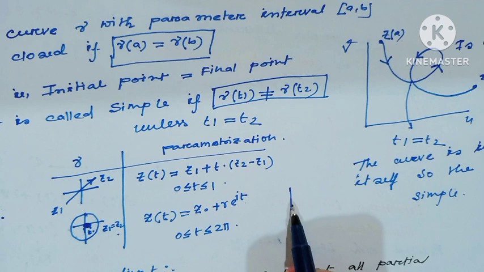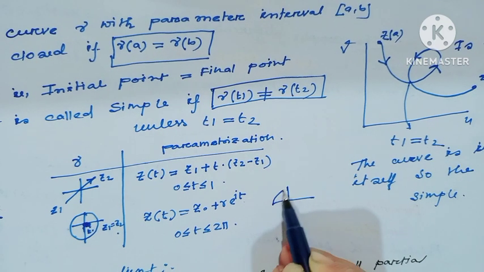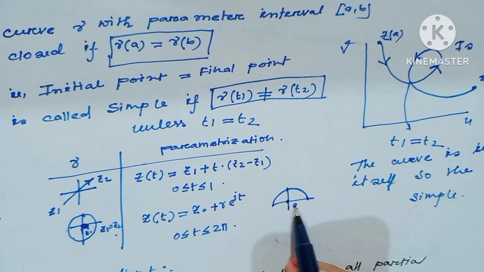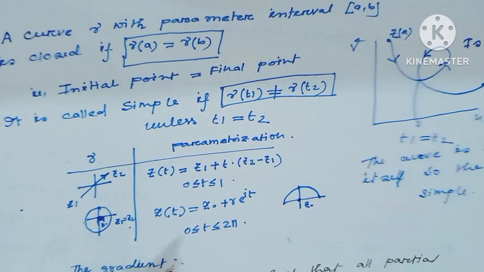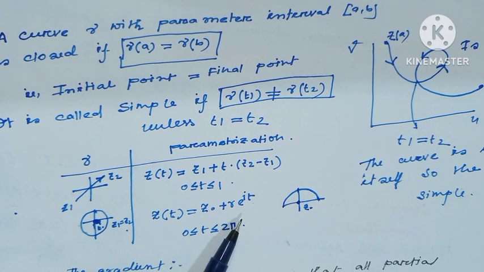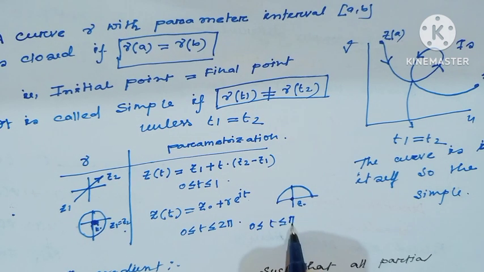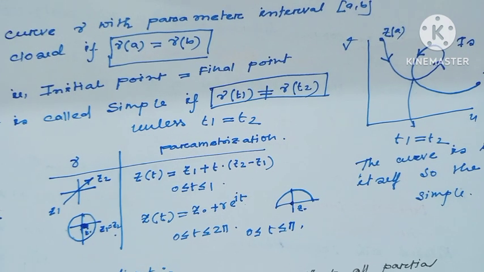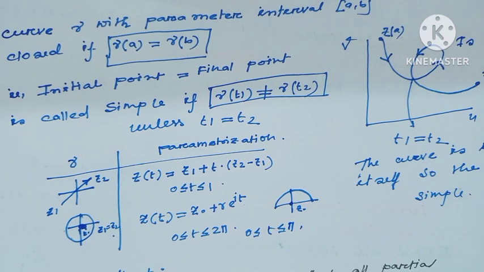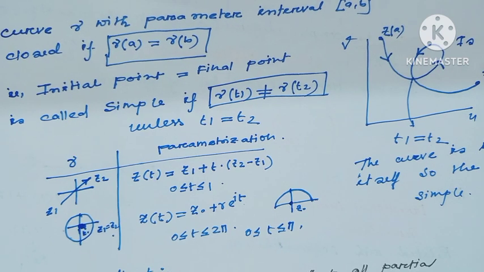And if we consider this type of half circle, with center z0, then the parametrization would be the same type, but here t lies between 0 and pi. I hope all my viewers have understood how the parametrization works.